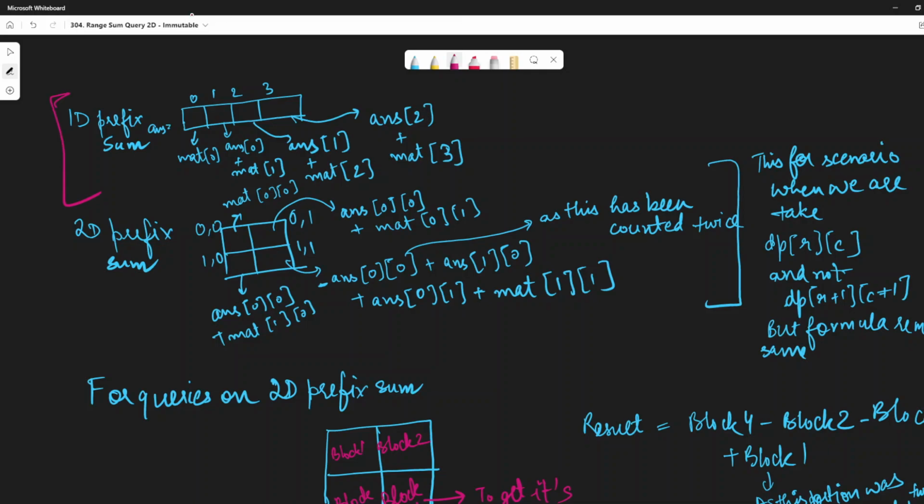How we were doing that was something like this: at first, matrix of 0 was simply the input vector, and here we were calculating this particular sum by checking what sum was here and what sum is required to be here. So that's answer 0, matrix 1. And here, answer 1 is basically whatever sum was here plus whatever is required here from that matrix.